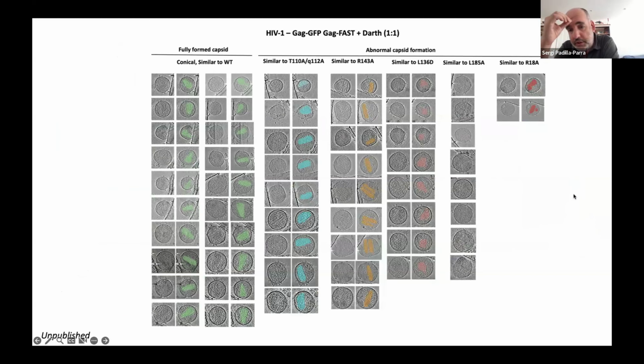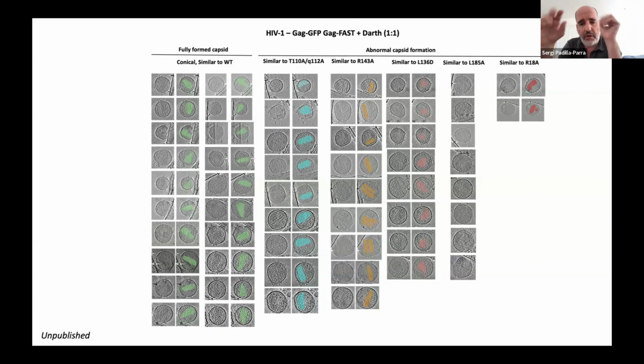And we can go further and classify the particles. We are now showing that this idea of a mature and immature binary system is not right. There are different morphologies that are based on the equilibrium between the capsid pentamers and hexamers.